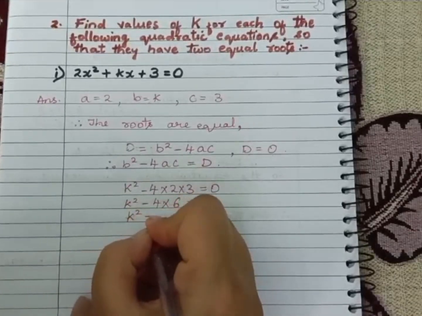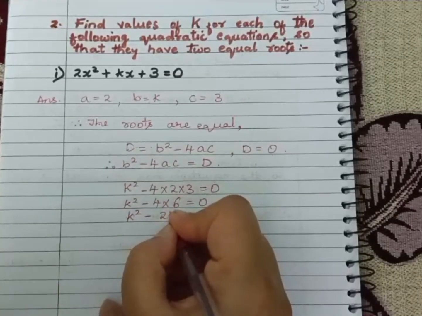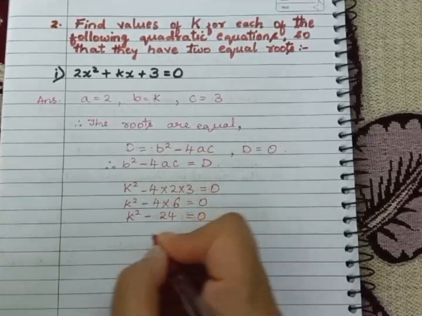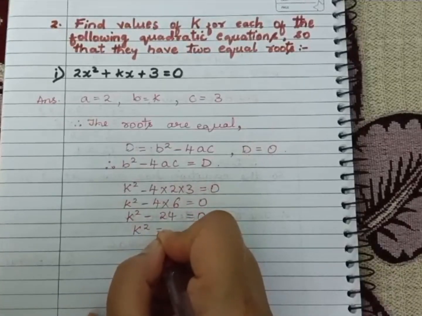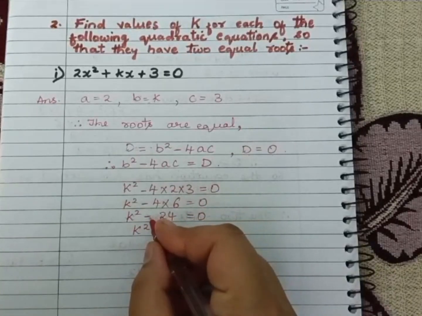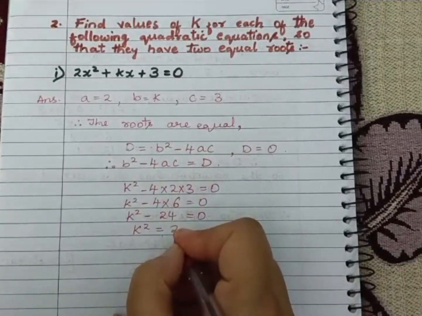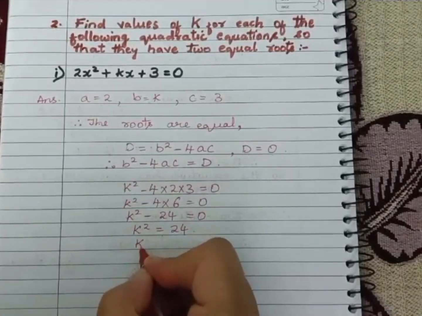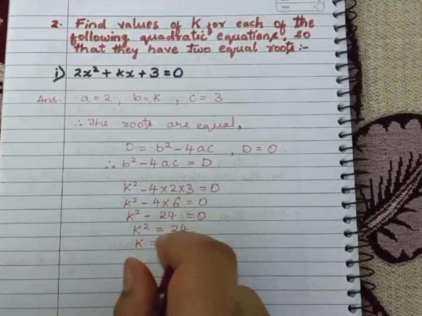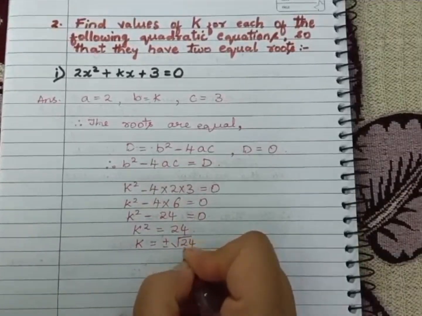K square minus 4 6s is 24 equal to 0. K square is equal to minus 24 becomes plus 24. K is equal to, the square changes to plus or minus root of 24.